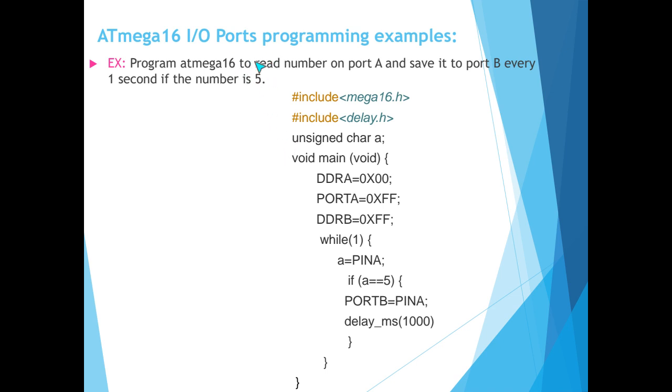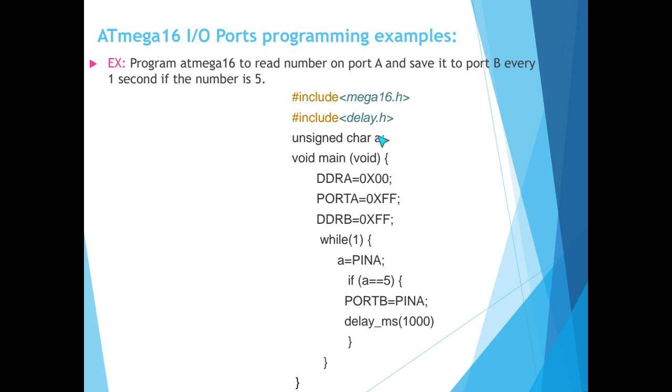Then, because we want to compare the data of port A with 5, because if the number is 5, then we put it or save it in port B, I declare a variable as A or B. You can name it as you want. I declare it as A, but before that, the type of variable should be determined. I used unsigned char.